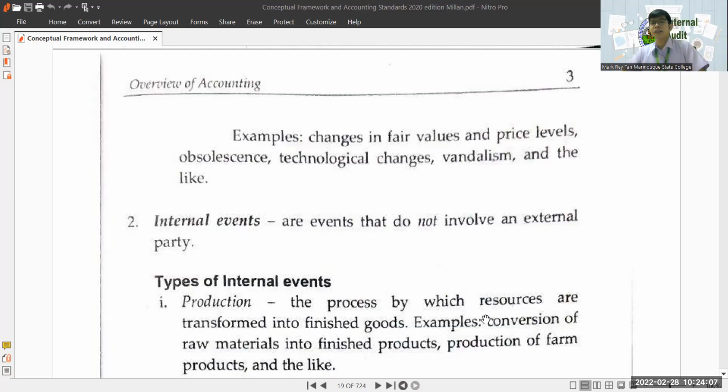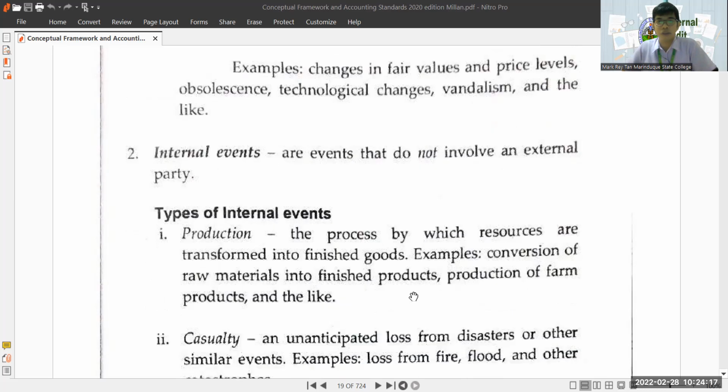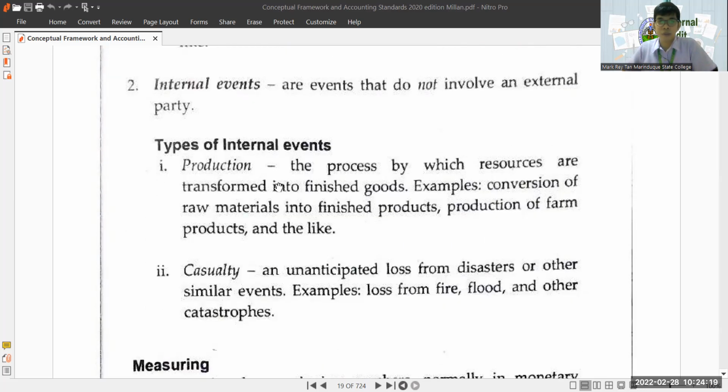When we say internal events, hindi naman external party involved. It involves the entity itself and those parties within the business, within the entity. So who are those? Example dito is production tsaka casualty. So when we say production, anong involved dito? Ay yung production department.